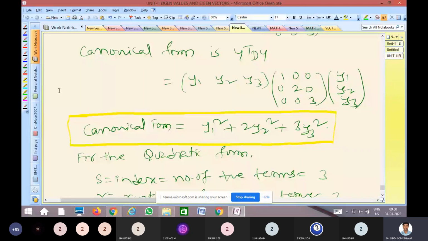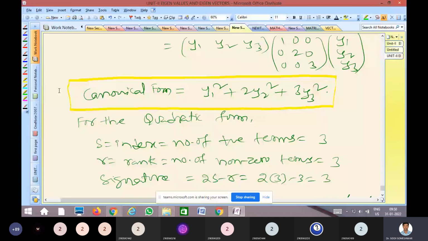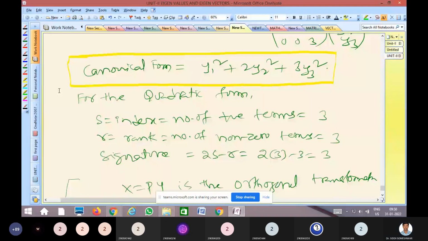In this canonical form, if you observe the index, nature, rank: index is 3, rank is 3, signature is 3. So what can you conclude here? The nature of the quadratic form is positive definite, we can say, right?